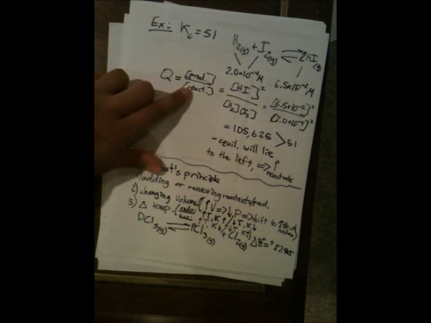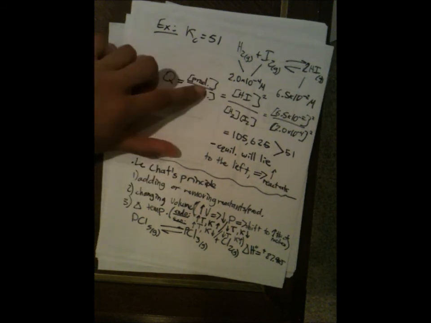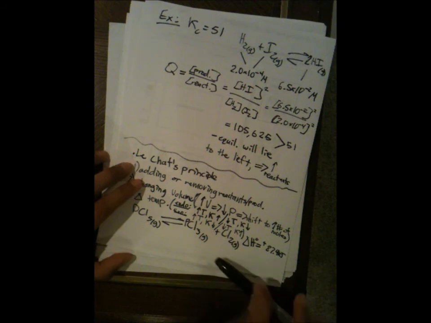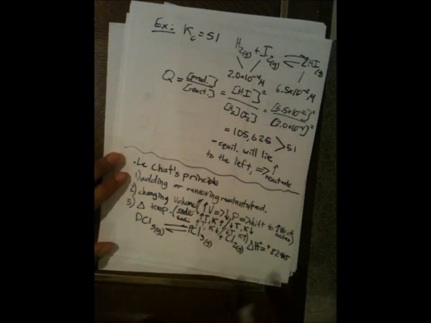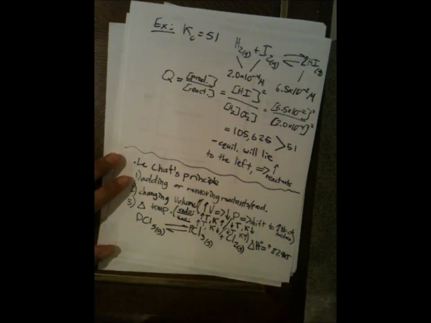If K is products over reactants, you decrease K, you decrease products, you increase reactants. So K is going to decrease, so you're forming more reactants, because reactants are inversely proportional to K. So you shift this way, alright?